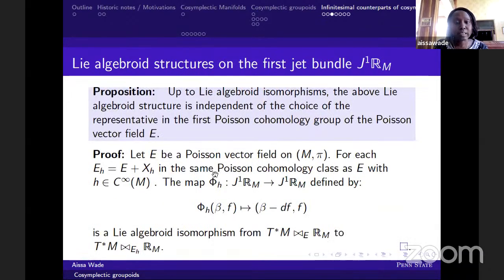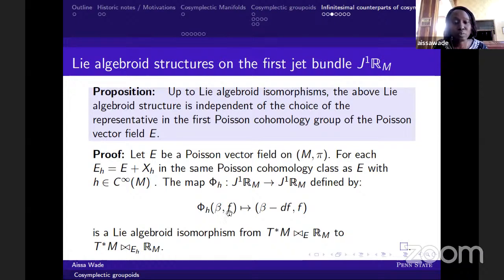So we're going to use this. But let me remind that, up to a Lie algebroid isomorphism, this Lie algebroid structure on the first jet bundle is independent of the choice of the representative that we choose in the first cohomology class of E. If I choose another representative, it has the form E plus a Hamiltonian vector field of H, and from H we can get an isomorphism of Lie algebroids.